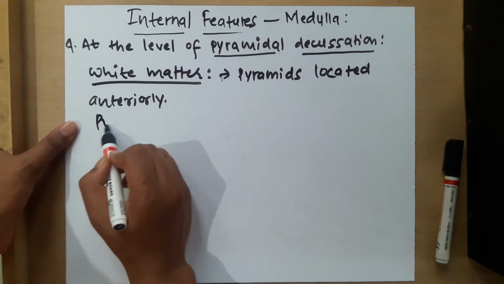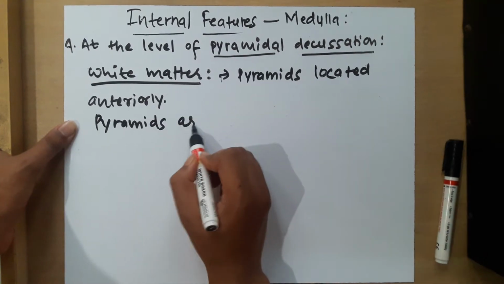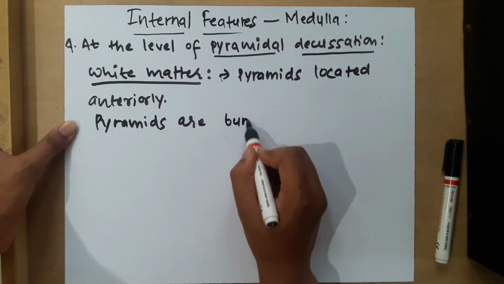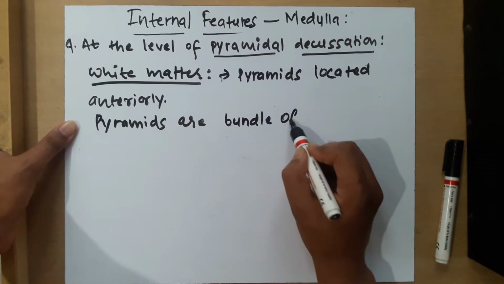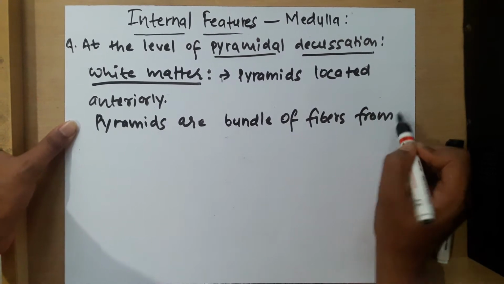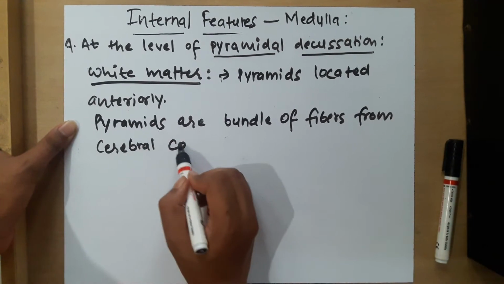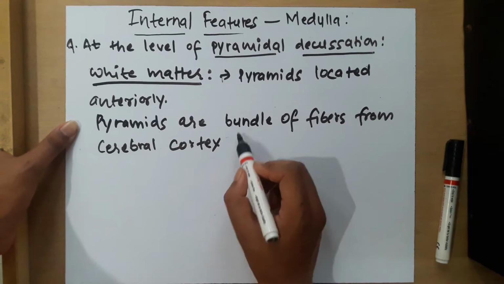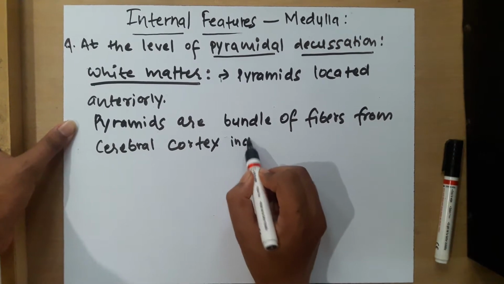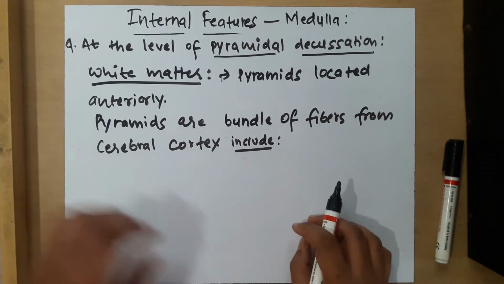So pyramids are a bundle of fibers from the cerebral cortex, and they include three fibers. I have a trick for those fibers.